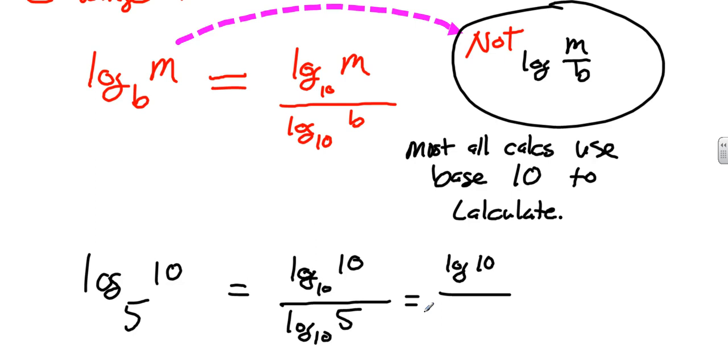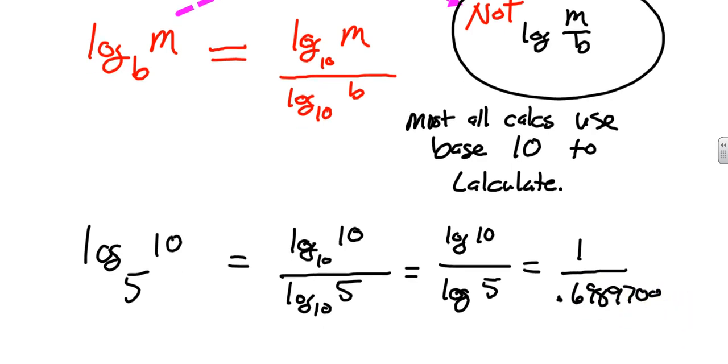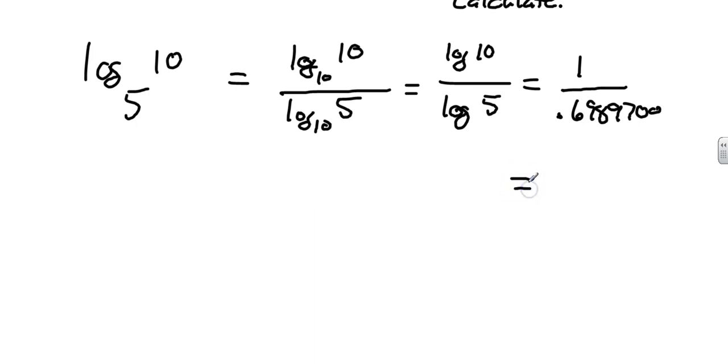Okay, so if you do log of 10, that should just be 1. If you do log of 5, it's 0.6989700, and all of this stuff that's there. So now we take 1 and divide it by that number.